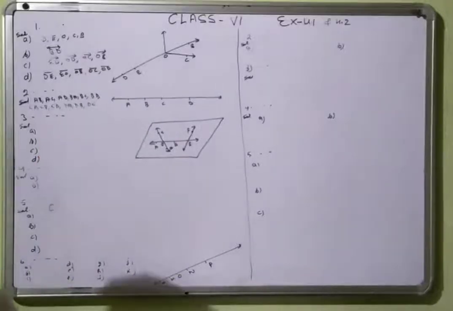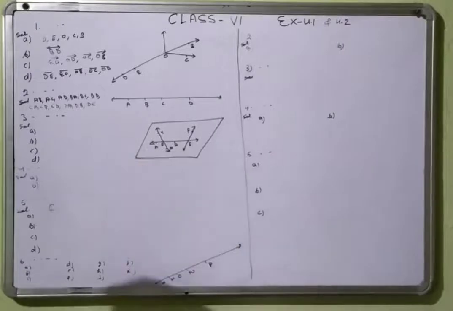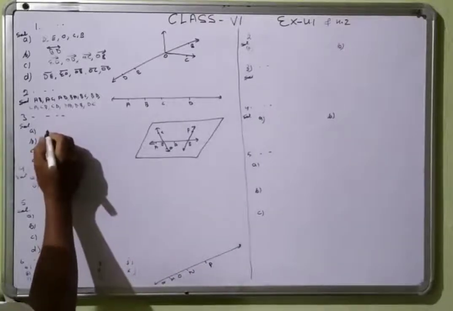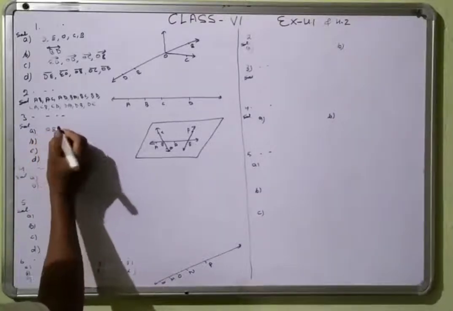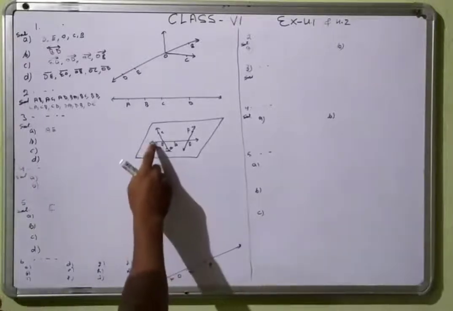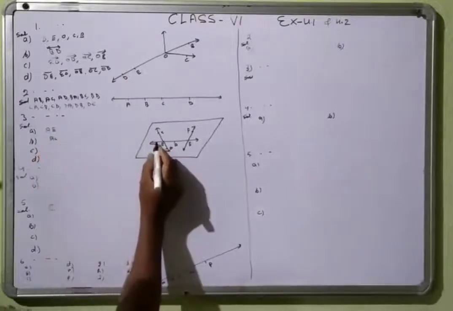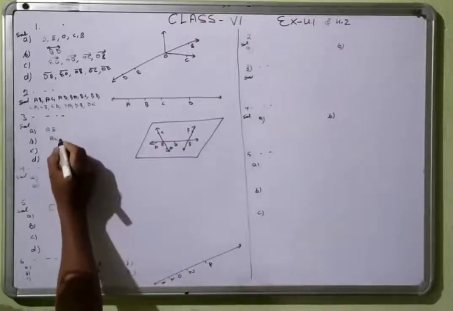Right? Question number 3: use the figure to name. One figure is given. A line containing point E, many more, so here we will write only one line, AE. Line passing through A, that is also AE. From A, this one line is going, this one also, but we have written EA only.